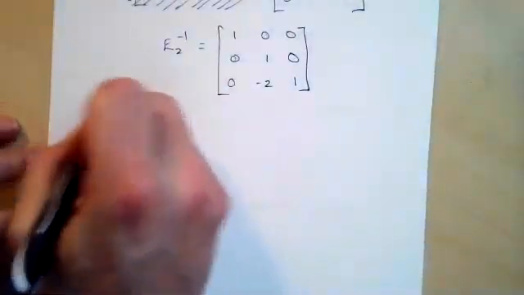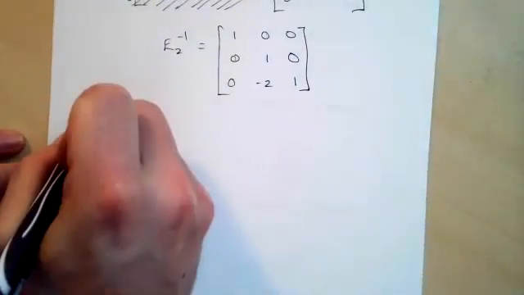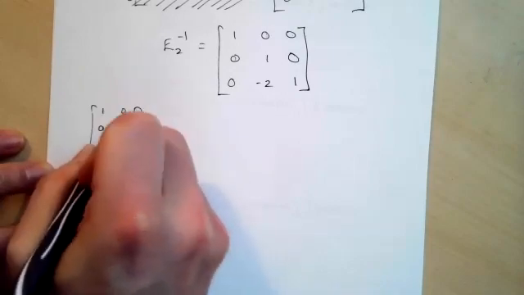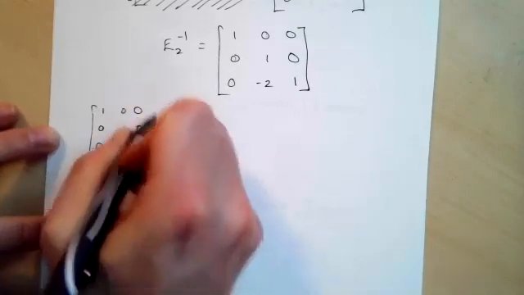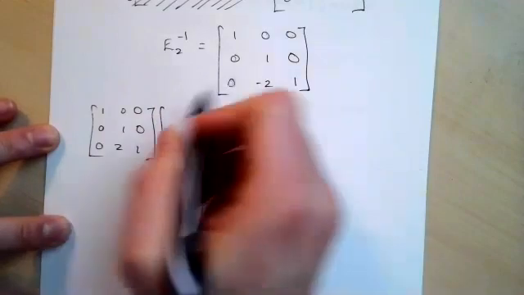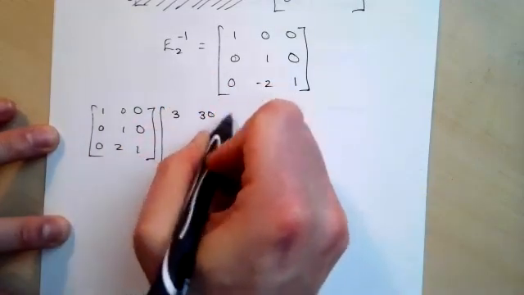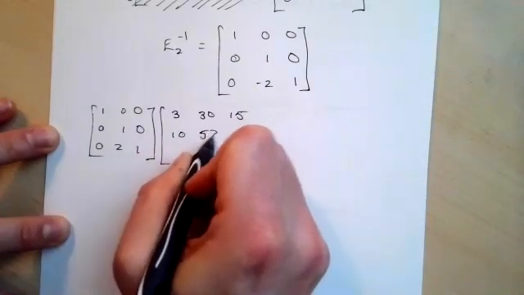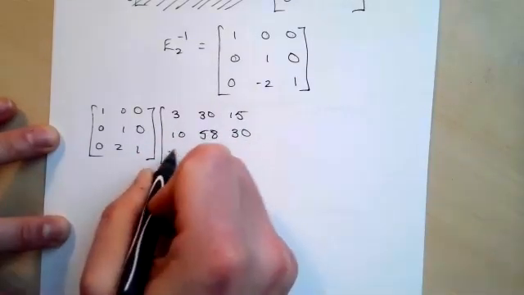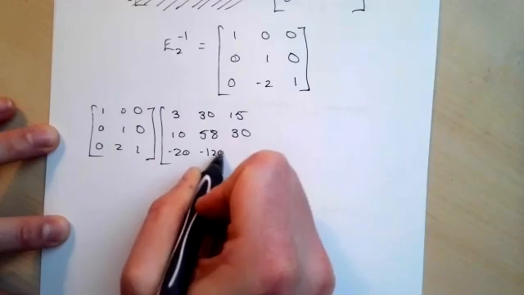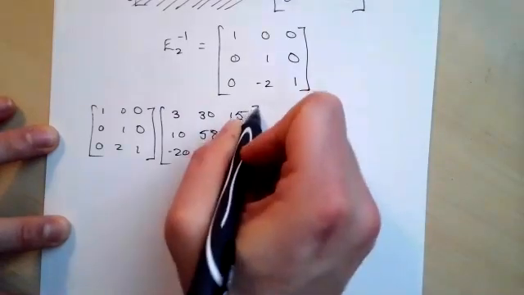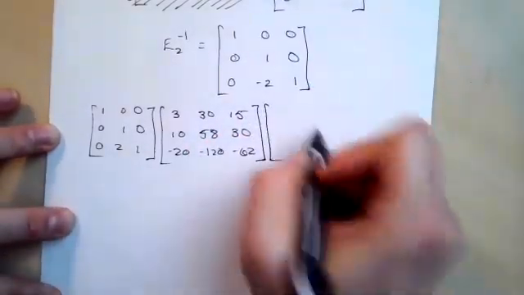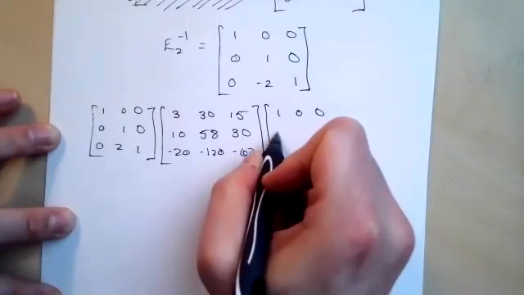And then we apply these row operations by multiplication. So we've got 1, 0, 0, 0, 1, 0, 0, 2, 1 on our matrix, 3, 30, 15, 10, 58, 30, minus 20, minus 120, minus 62. And then we've got this multiplication on the right.